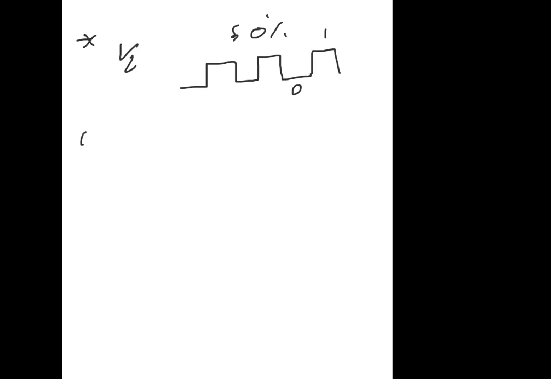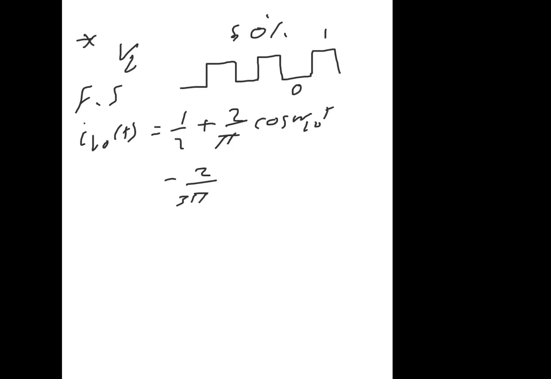So I local oscillator of T is equal half. This is the Fourier series of it. It is half plus 2 over pi cosine W local oscillator of T minus 2 over 3 pi cosine 3 omega local oscillator of T plus etc.